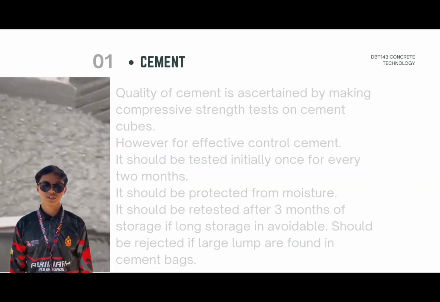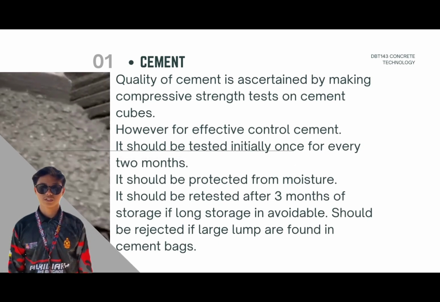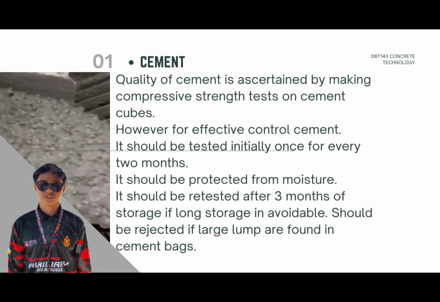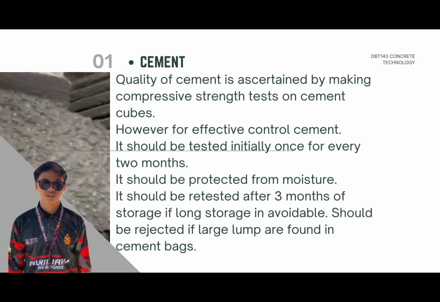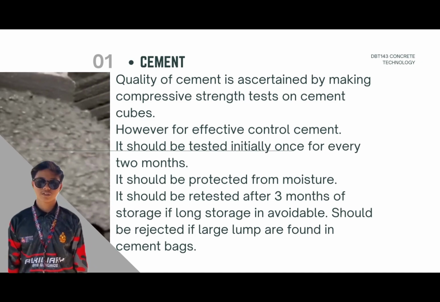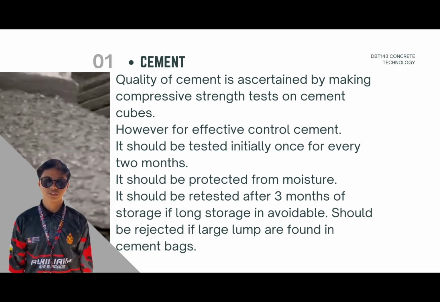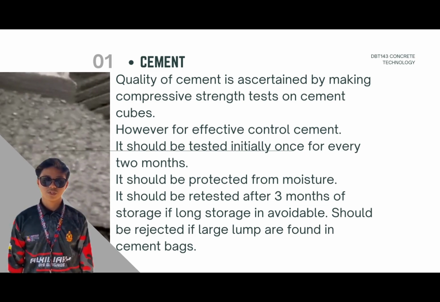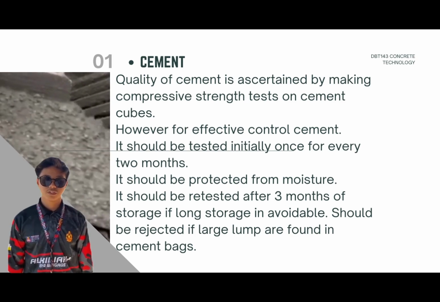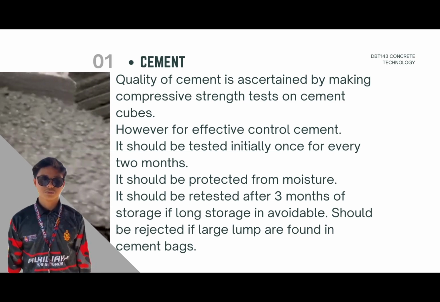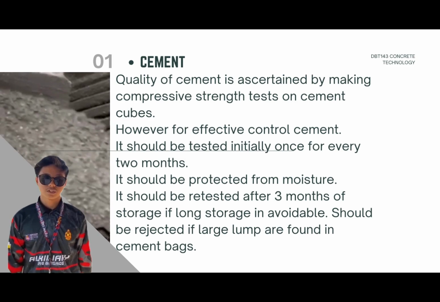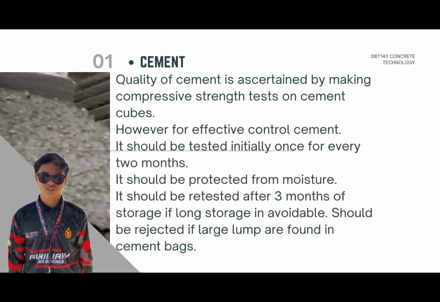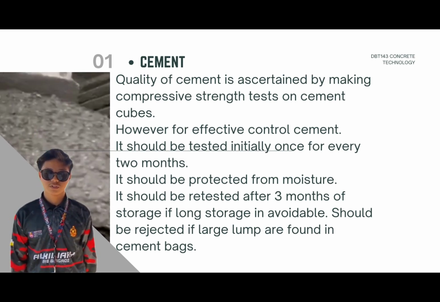Cement. Quality control of cement is ascertained by making compressive strength tests on cement cubes. However, for effective control, cement should be tested initially and once for every 2 months. It should be protected from moisture and it should be retested after 3 months of storage.